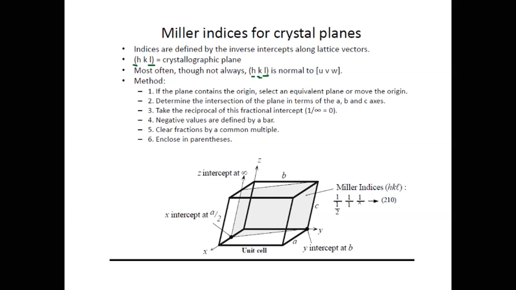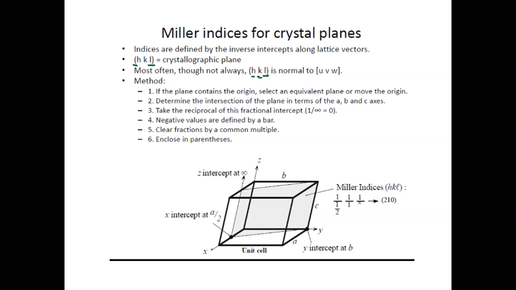And so the way we determine the HKL plane is, first off, if the plane crosses the origin, we need to either select an equivalent plane or move the plane off the origin.